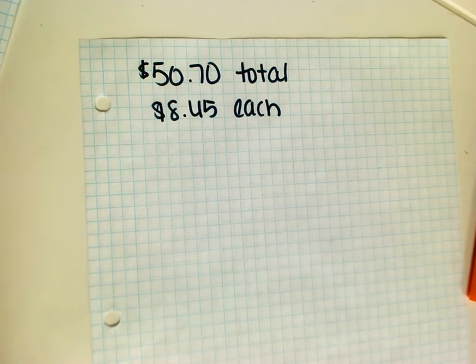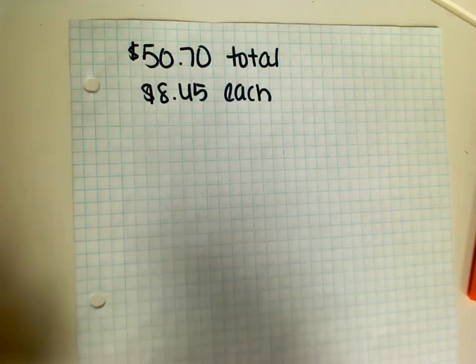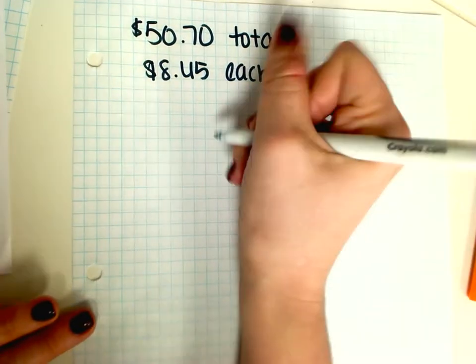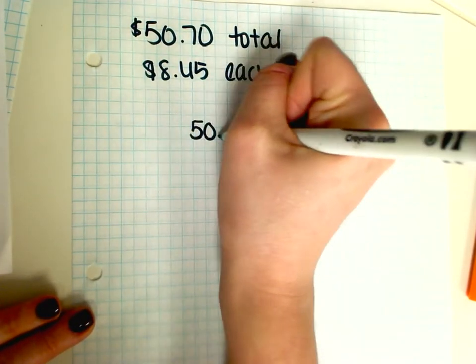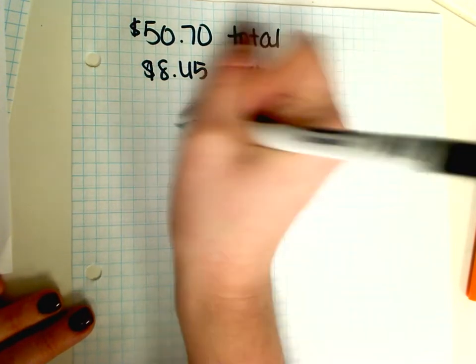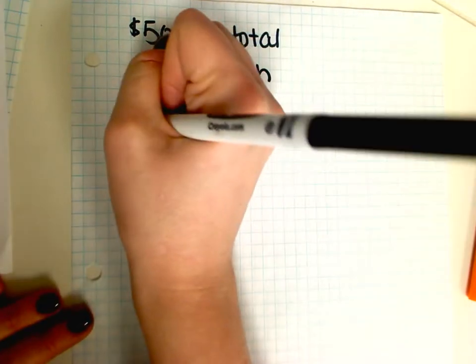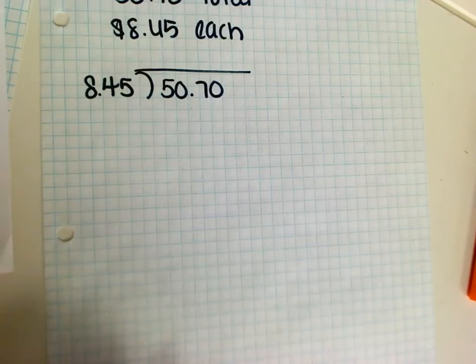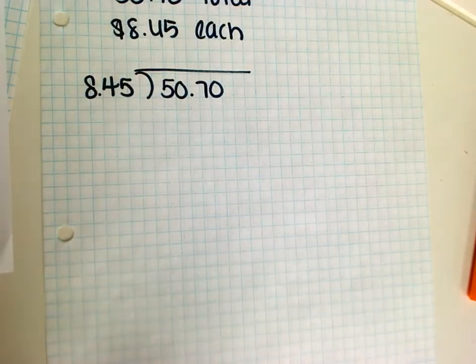Is this a multiplication or a division problem? Division. Good. I was hoping we could all answer that. Division is correct. So I have the total as the dividend on the inside of the house, $50.70, and I have $8.45 as the divisor on the outside of the house.